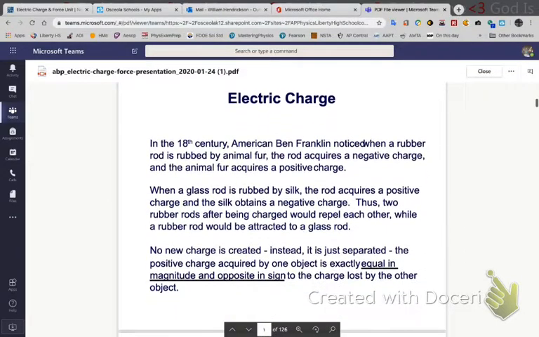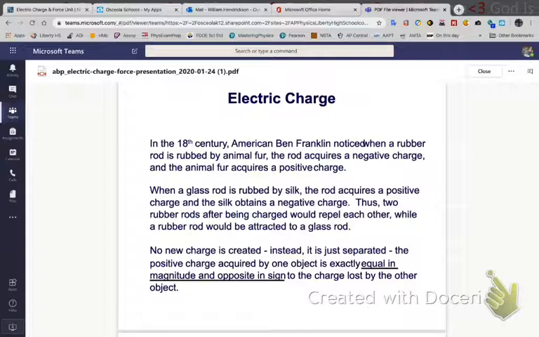Now, we're going to move on then to our first major American scientist, one of my favorites, and that is Benjamin Franklin. Benjamin Franklin does a lot of work with electricity. One of my favorite exhibits of all time is to go up to the Franklin Institute in Philadelphia, Pennsylvania.